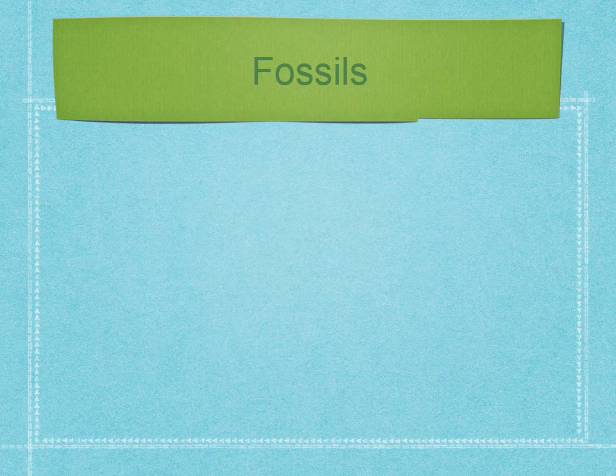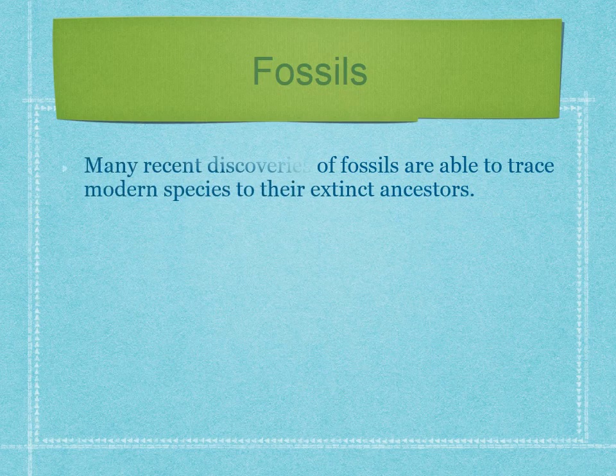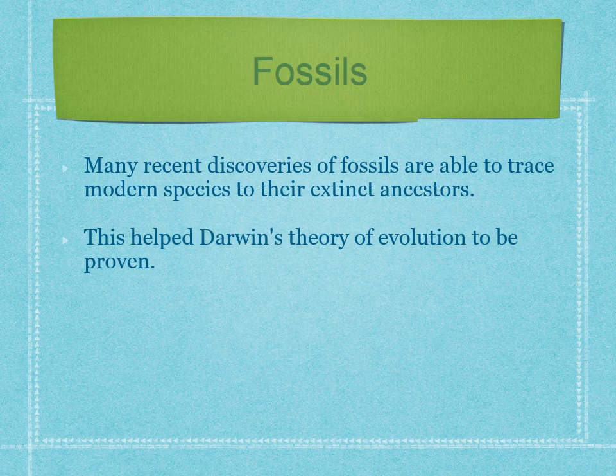The next piece of evidence we're going to be looking at, other than the Earth being really old, is the fossils that have been found. With a lot of the recent discoveries of fossils, we're able to trace them back to some modern species that exist or to an extinct ancestor of some kind.